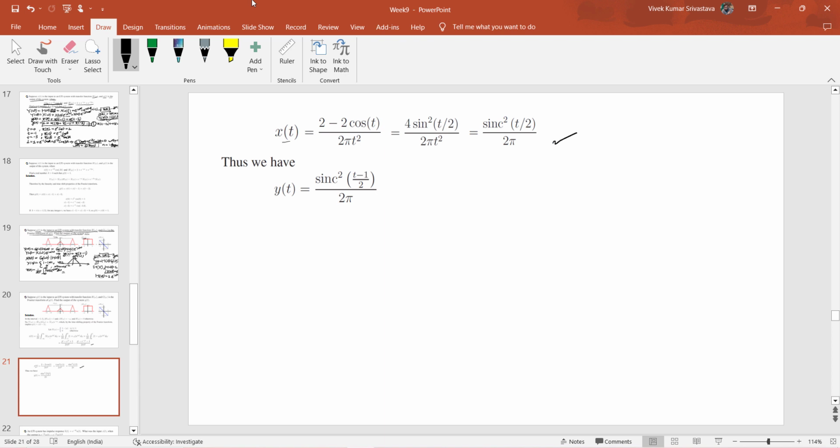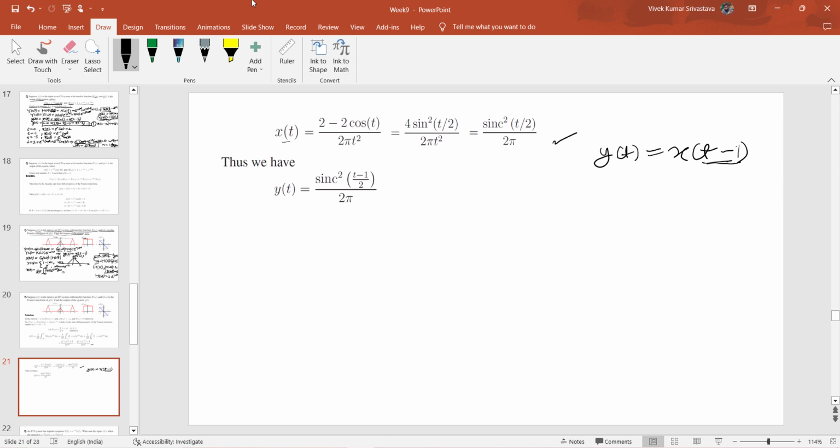Now, as we know from the previous exercise, y of t is nothing but x of t minus 1. So basically we have to delay the argument of x of t by a factor of minus 1, so here the t value becomes t minus 1.